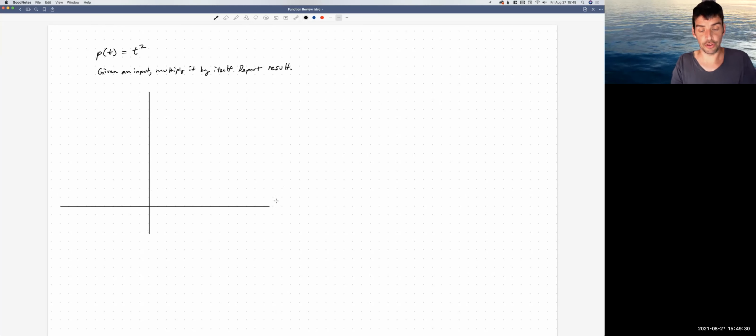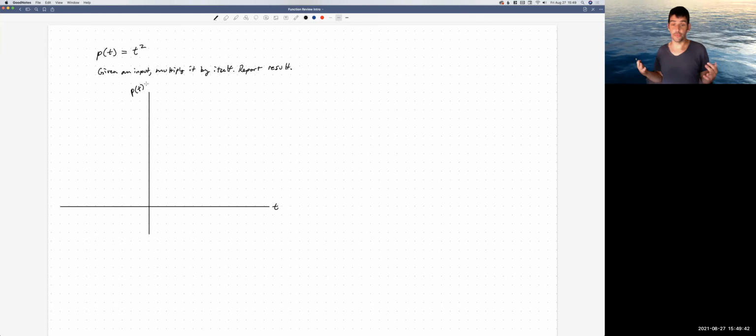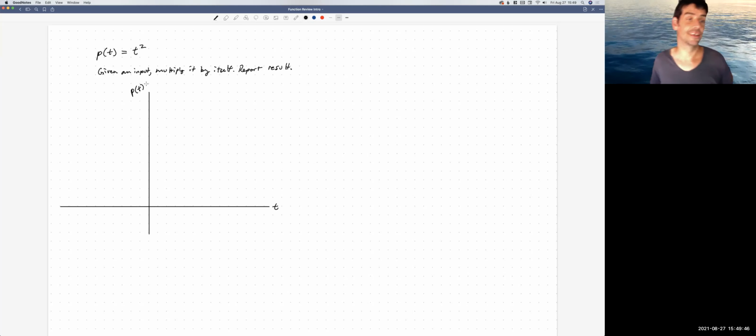So let's call the horizontal axis the t-axis, and the vertical axis the p or p of t axis, right? So instead of the x and y axis, because those aren't the variables I'm using, we should start thinking about the horizontal axis as the input axis and the vertical axis as the output axis.